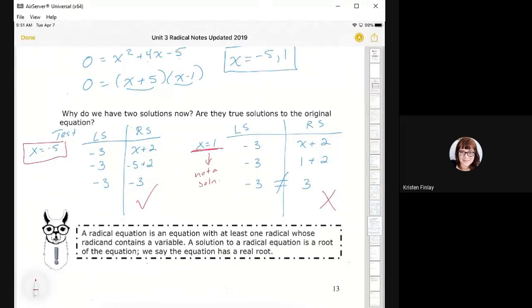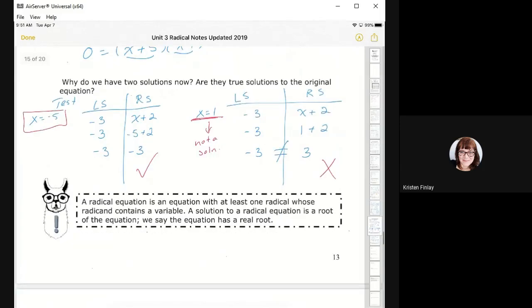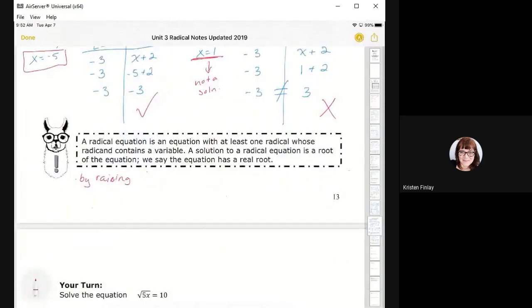Why does that happen? Well, there's a couple of things that we need to think about. What happens is by raising both sides to a power, some solutions may not work.